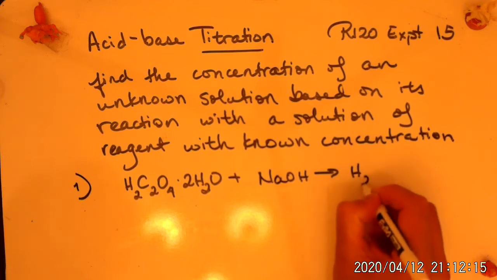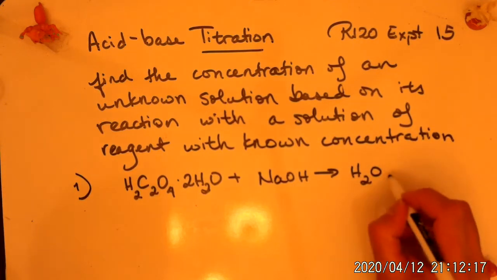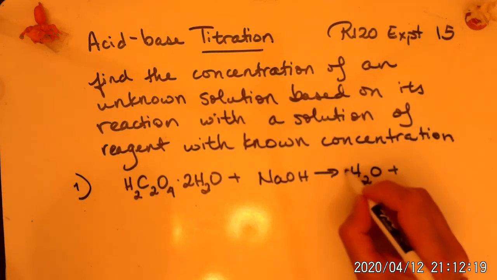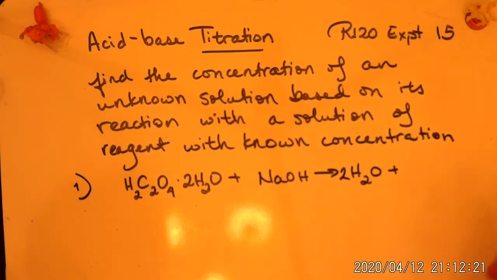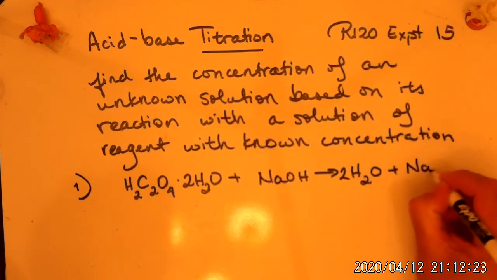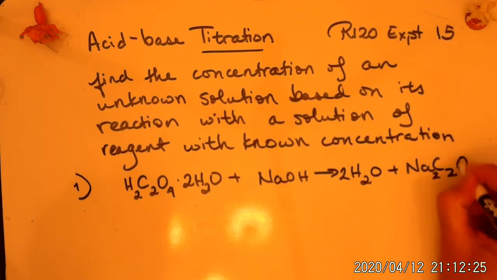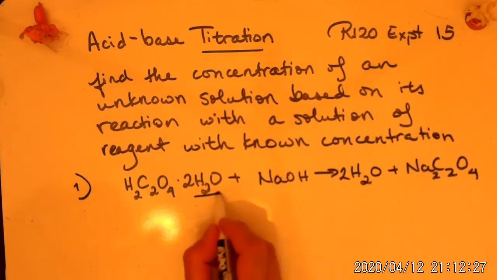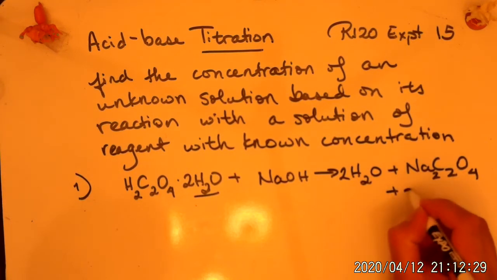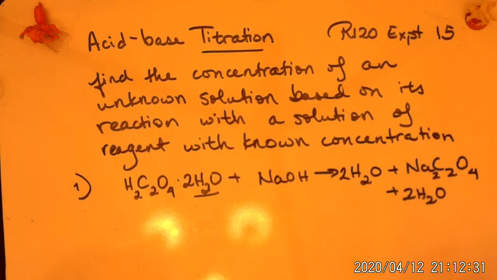You form water plus your sodium oxalate. And these two waters, they just go into solution. So I'll just go ahead and put them down here so you know that they're there. Okay? So that's the first reaction that you're going to do.